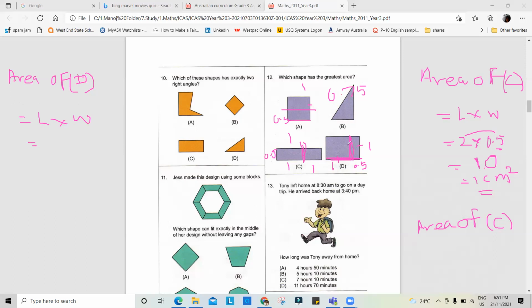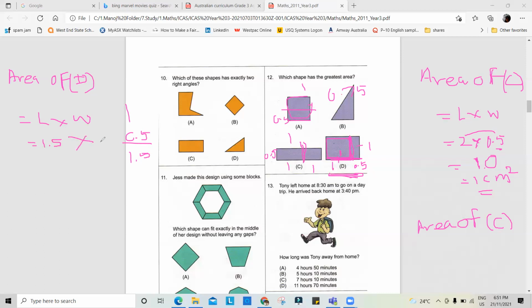This one, if I cut this box the same as this box, this is 1 and this is 0.5. That means 1 plus 0.5. What is that? This length is 1 plus 0.5. How much? 1, and when you add 0.5, how much? 1.5. Is that clear for you?